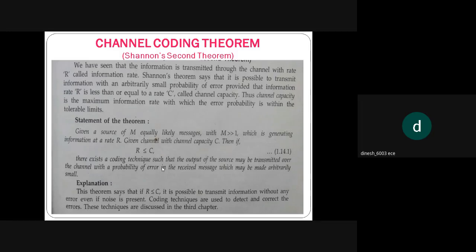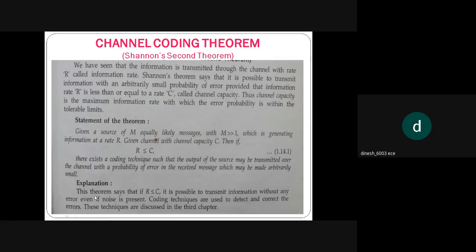So with C as the given channel capacity, M sources always greater than 1, and R as your information rate, Shannon's theorem states that R is less than or equal to C. For this we will have an encoding technique such that the output of the information can be transmitted over the channel and the probability of error can be minimized.